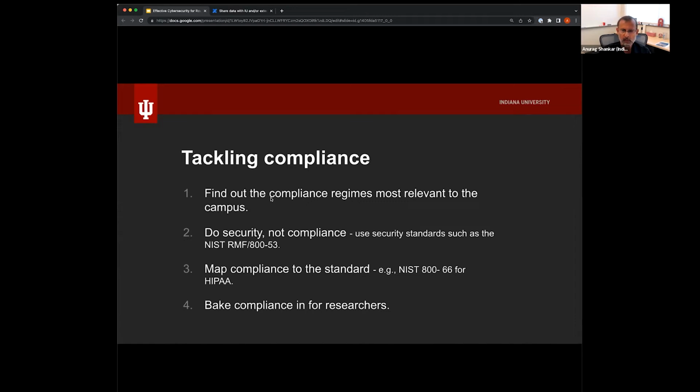A good example is that the government has done this mapping for us in NIST 800-66, which maps HIPAA to NIST. And so when these tickets come to us and there's a compliance issue, it is no different from anything else. We simply go in there and work with the researcher until compliance is baked into whatever they're doing.